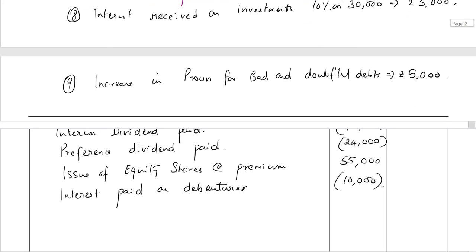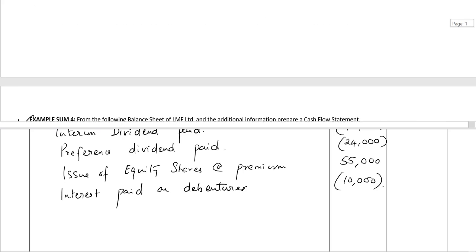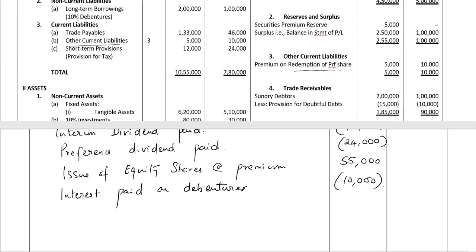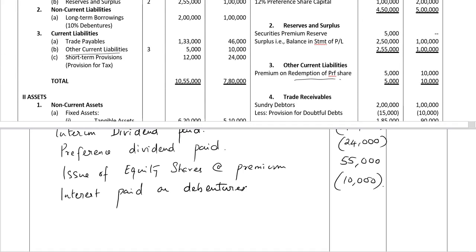Let's check out the balance sheet if we've left out any item. Against long-term borrowings, we have issued debentures of rupees 1 lakh face value. Issue of debentures. Inflow 1 lakh.